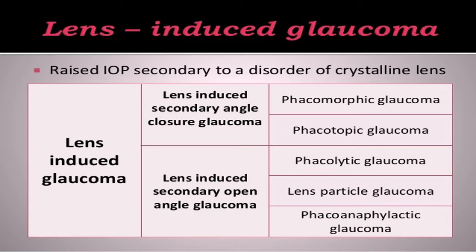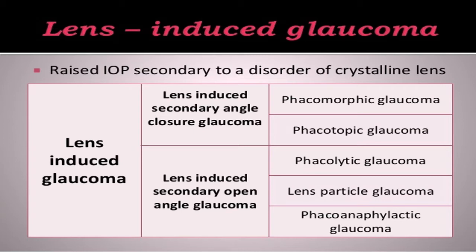If the size of the lens is increased, especially in the intumescent stage or following trauma, the lens will push the iris forward. When the iris moves forward, it blocks the peripheral angle. That's how aqueous drainage is blocked.